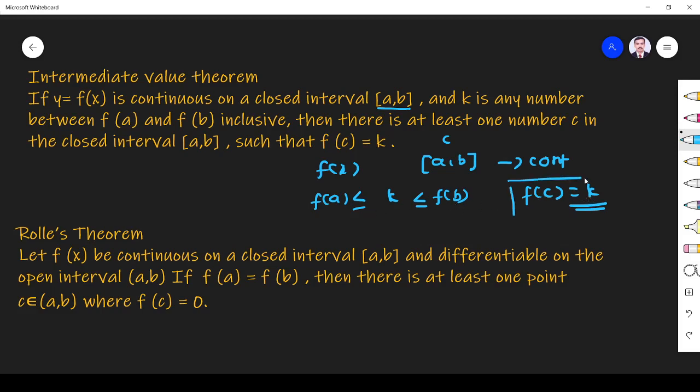For example, let us assume this is a curve f of x.